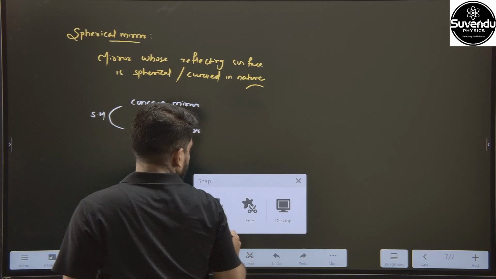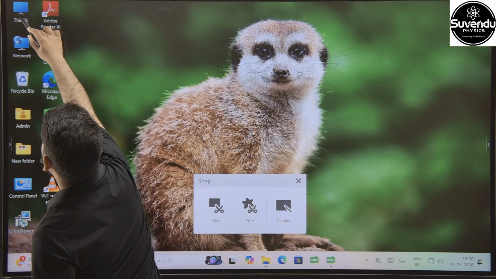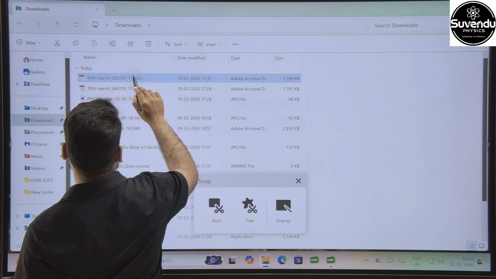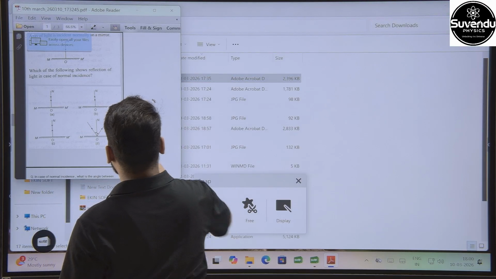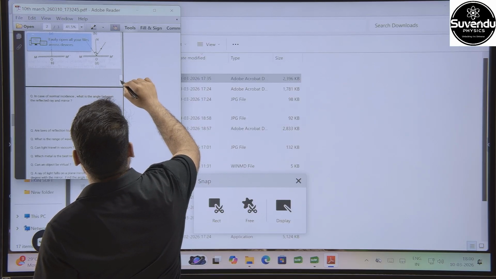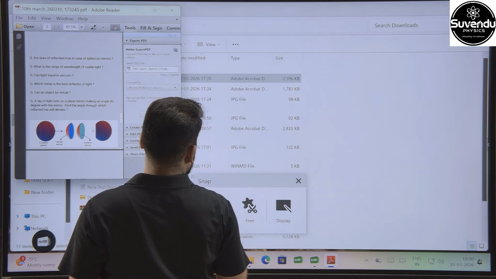Actually, now see this diagram. How are we preparing this spherical mirror?